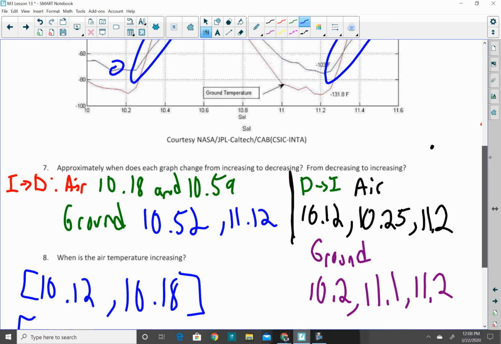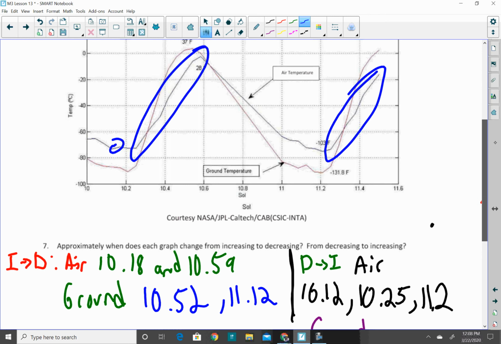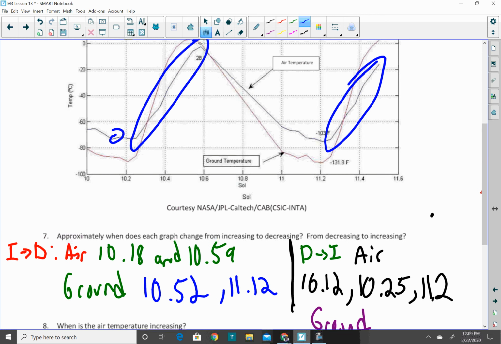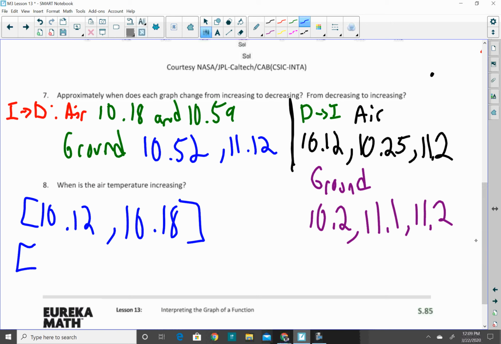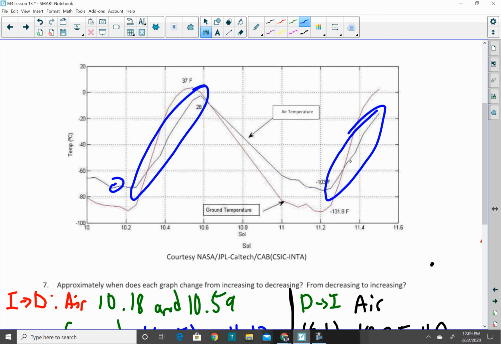Then we're going to say that this one here is between 10.25 to 10.59. And then lastly, I would say between this one on the right, 11.2 and 11.5.